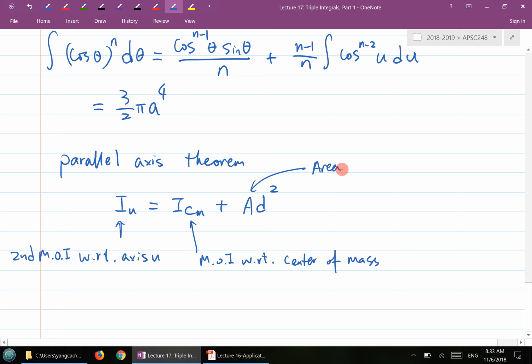The parallel axis theorem also applies to 3D objects. Then in that case, you multiply by the mass, basically. And then here, d is the distance from the center of mass to axis u.